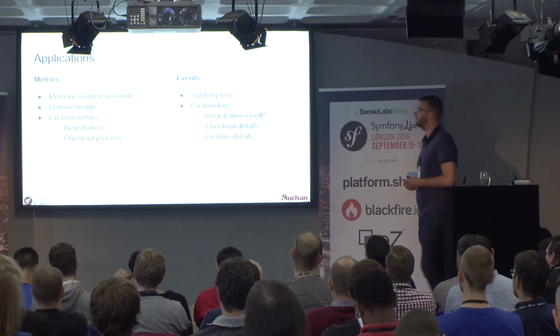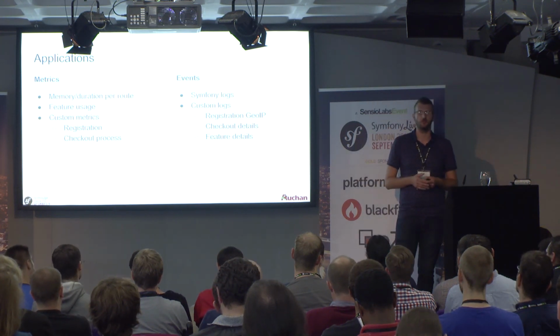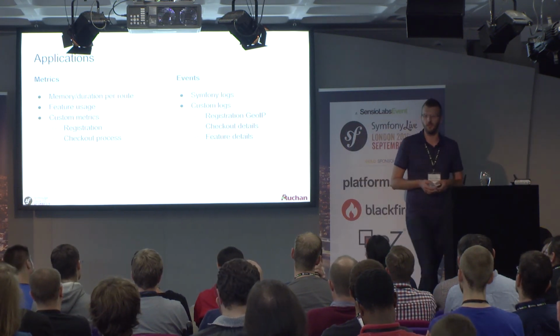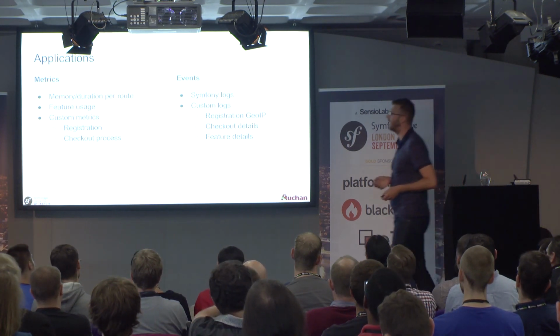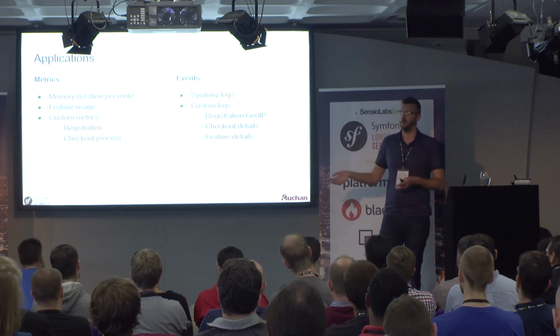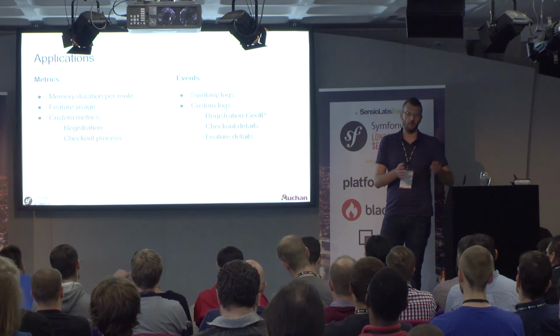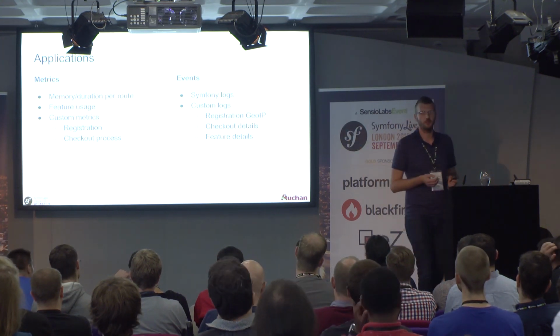You can also track the usage of features. For those who were at the conference just before in the other track, it talked about A/B testing. What you do with A/B testing is that you provide a feature to some users and not to others. And with metrics you can measure the number of users using your feature.